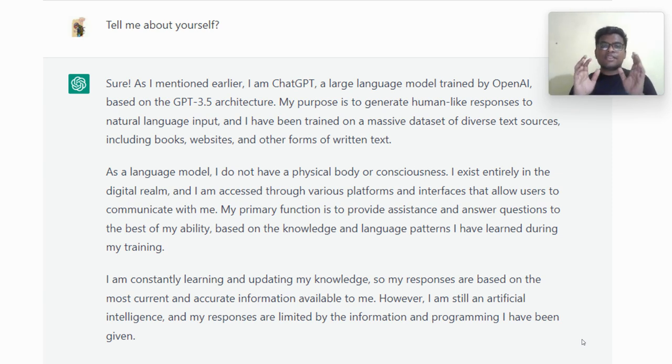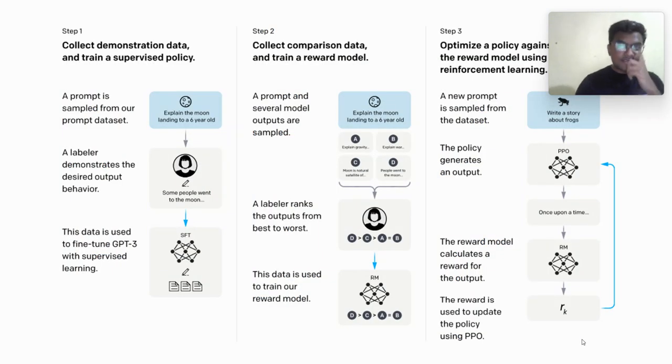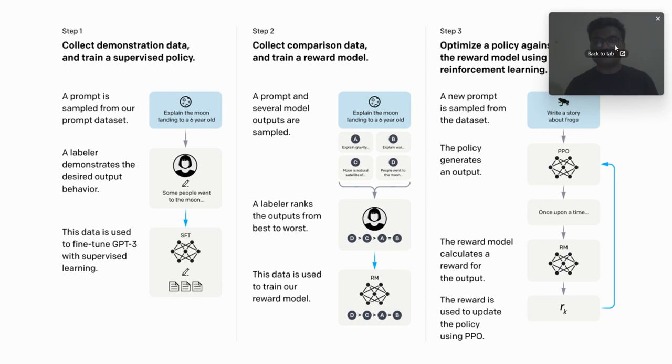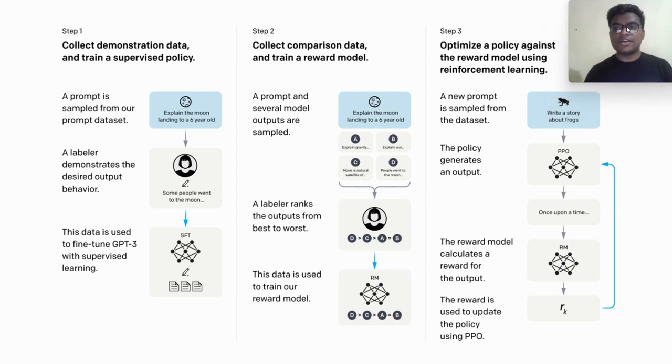Let's see how ChatGPT has been trained with the help of the architecture given from the ChatGPT point of view. This is the architecture of ChatGPT. It consists of three different stages.